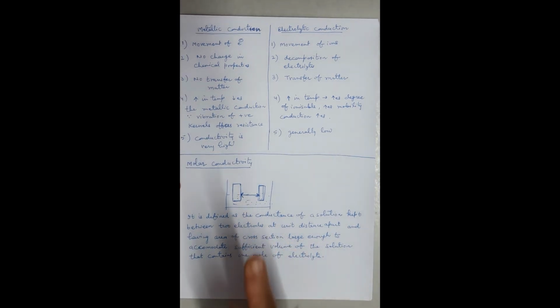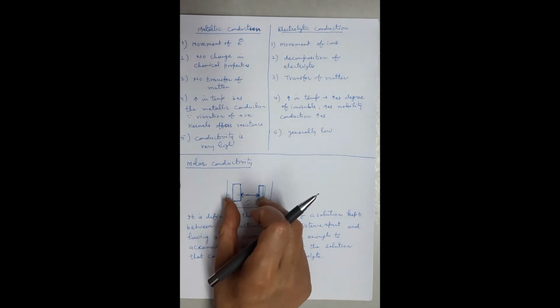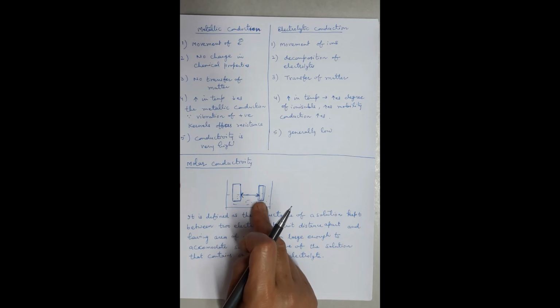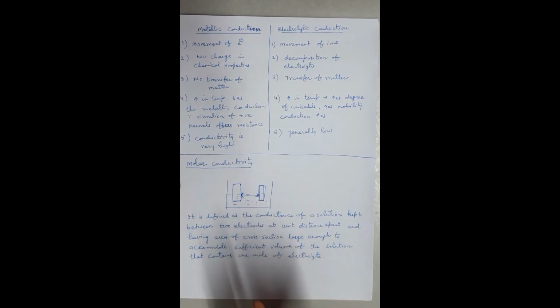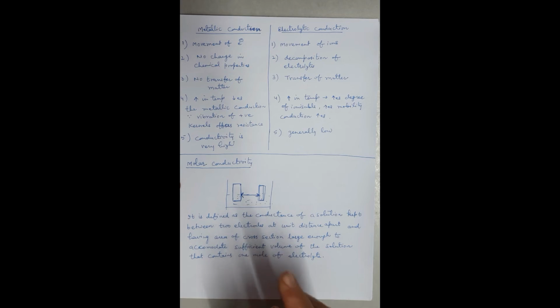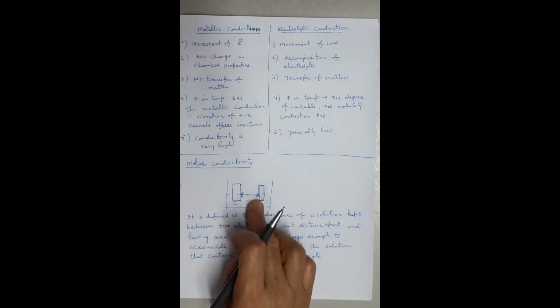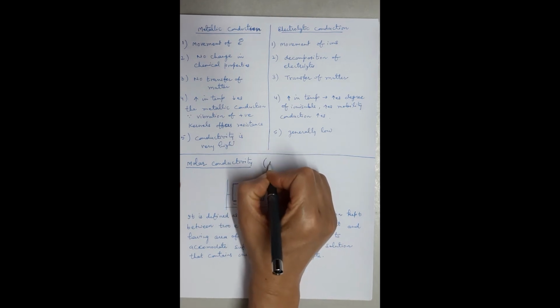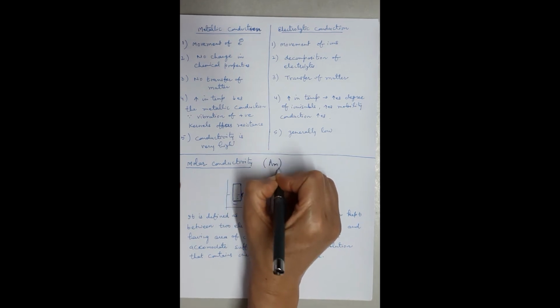Children, molar conductivity is the conductance of that solution which is placed between two electrodes which are 1 unit distance apart and they have enough area of cross section so that they have sufficient volume which can contain 1 mole of electrolyte. This is called molar conductivity and it is represented by lambda m.